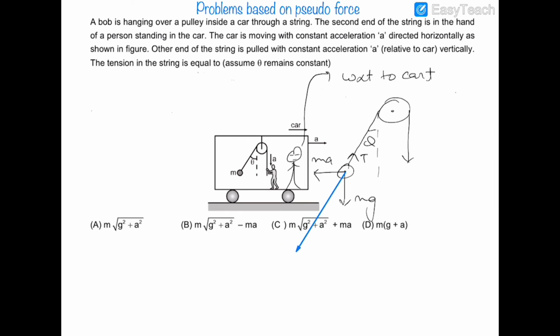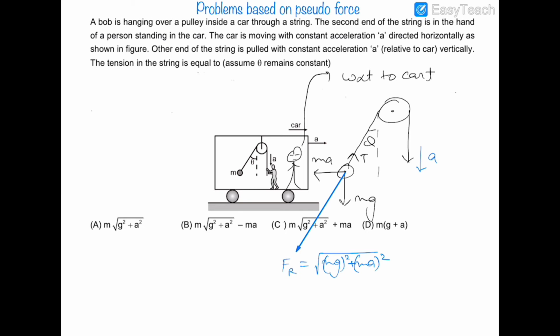This force F resultant will be under root of mg square plus ma square, and this string is pulled by an acceleration of a in the downward direction also.